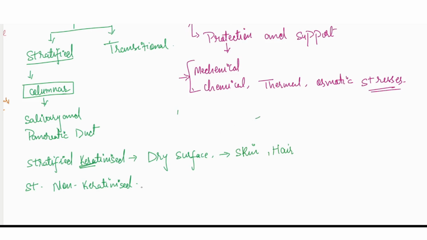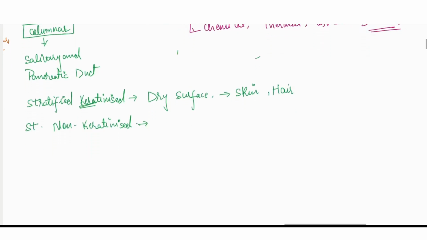And for the non-keratinized, if keratin is not present, it would definitely be a wet surface, helping in the absorption of water. Non-keratinized means it cannot prevent water loss.